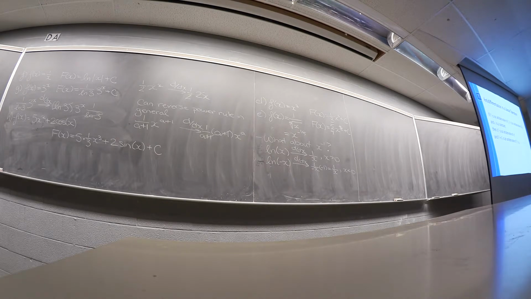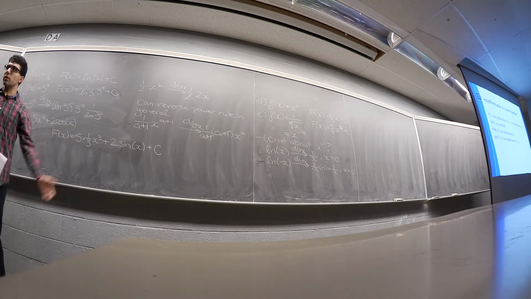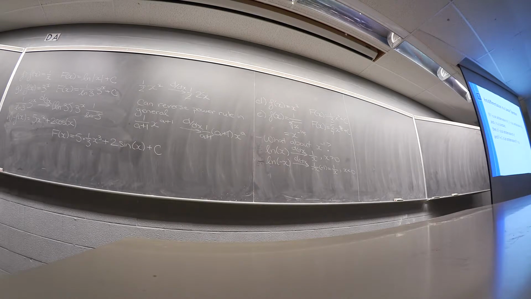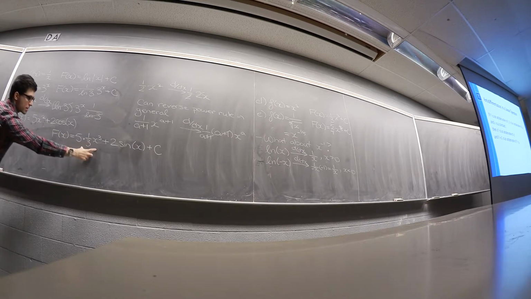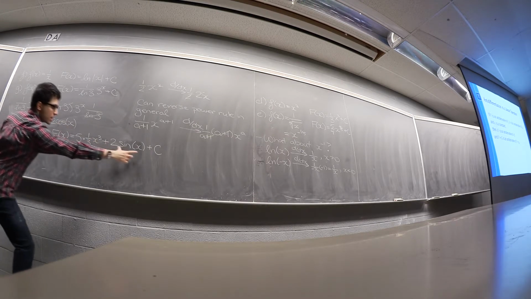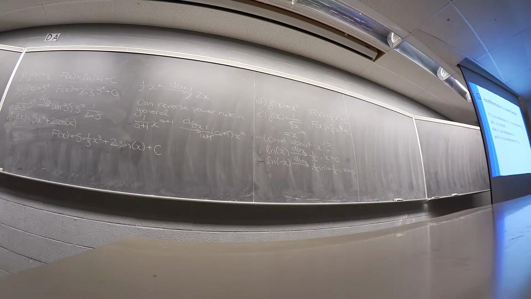And if you want to check that, what do you do? You take the derivative. And if you don't get this, you've got a problem. Again, break up the sum, pull out the constant, look at this guy, write its antiderivative, look at this guy, write its antiderivative, and then put everything together and add a c on the end. And that's all it is.